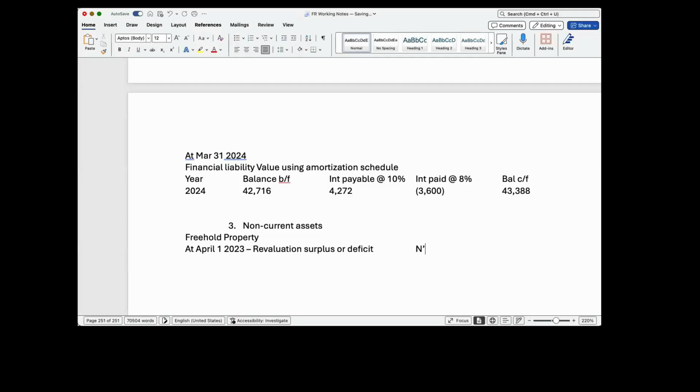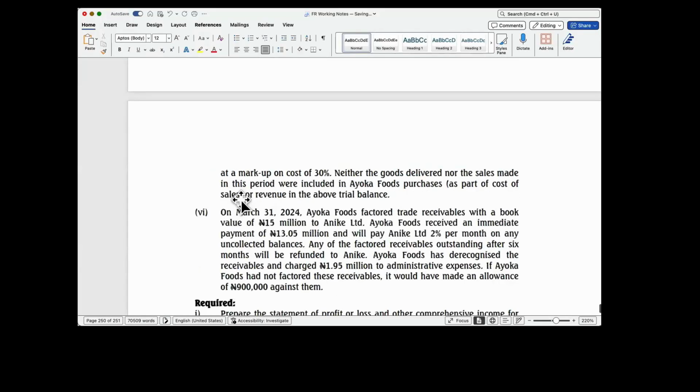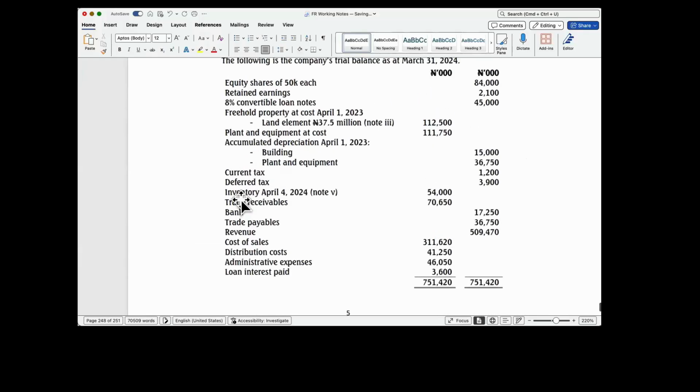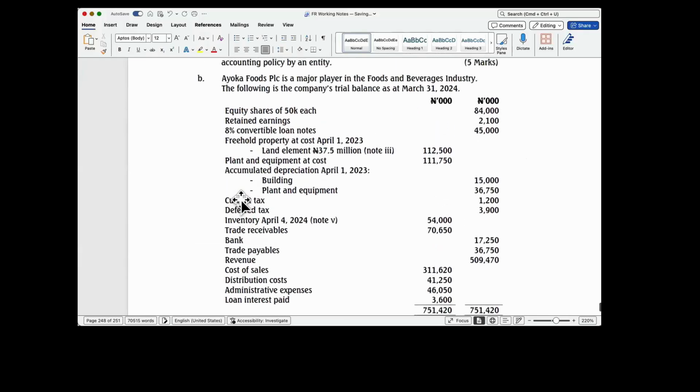I was given the fair value of the asset as 120. I will compare that with my carrying amount. And my carrying amount is the cost of the asset. I will get that from my trial balance. What's the cost of this asset? Freehold property.